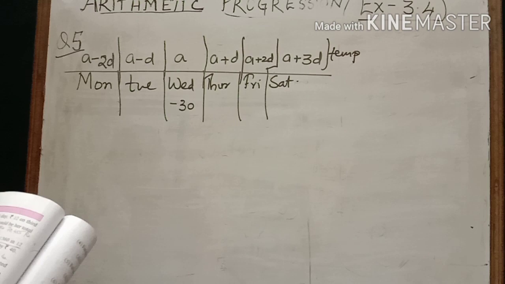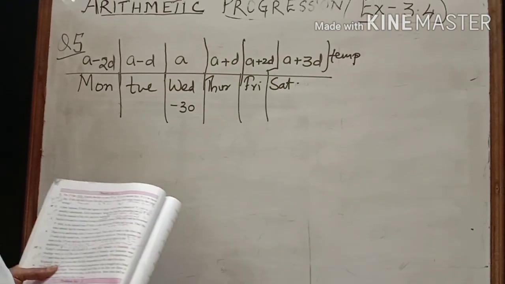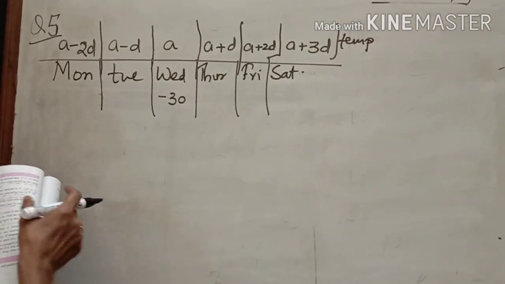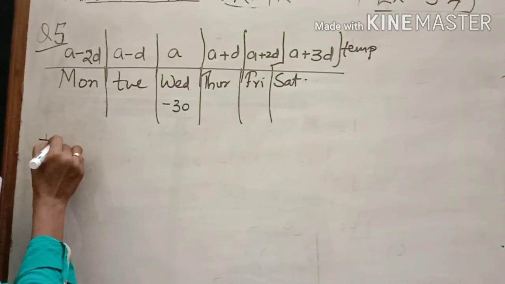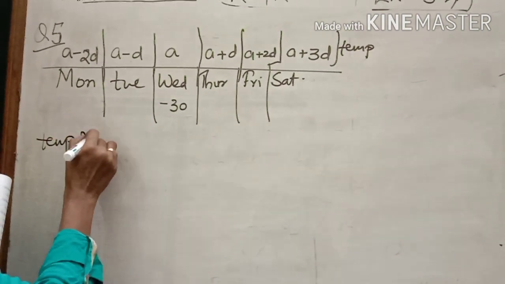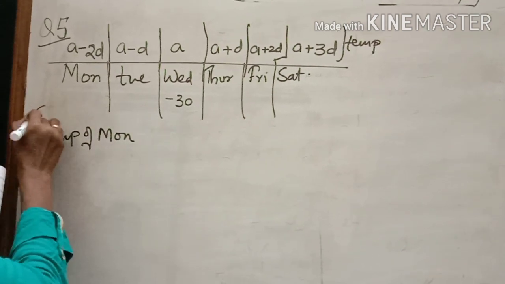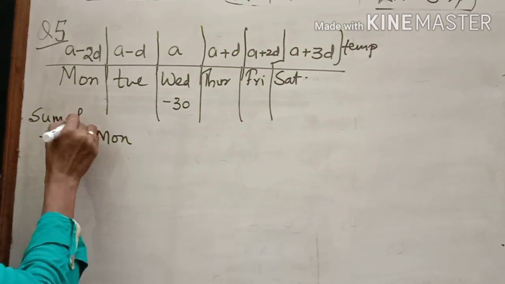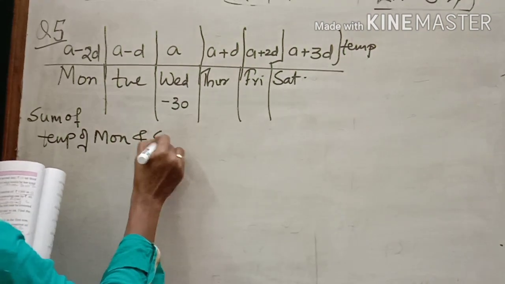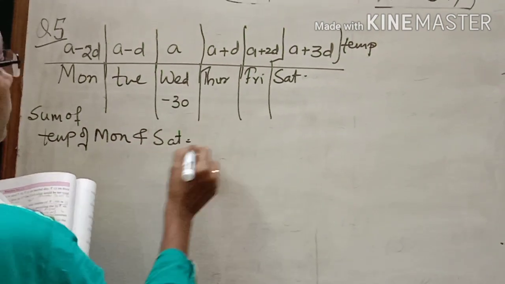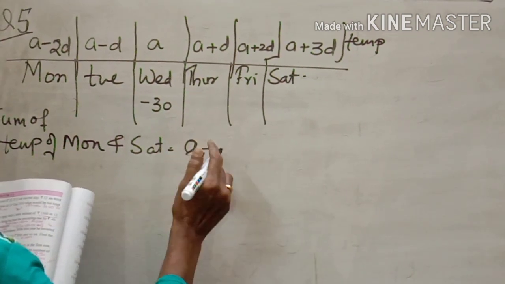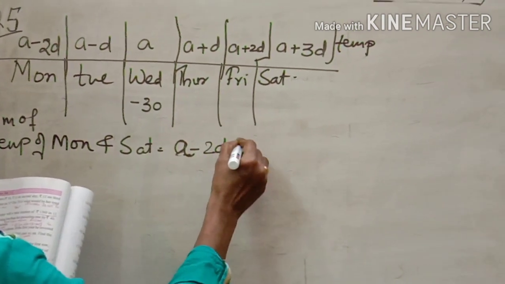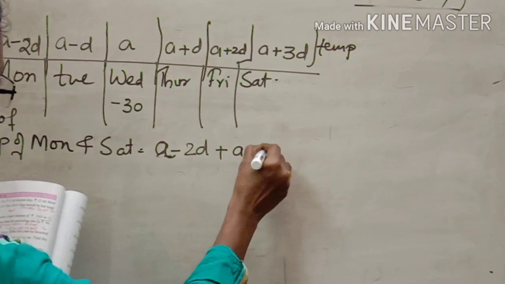According to the condition, the sum of temperatures of Monday and Saturday is a minus 2d plus a plus 3d.